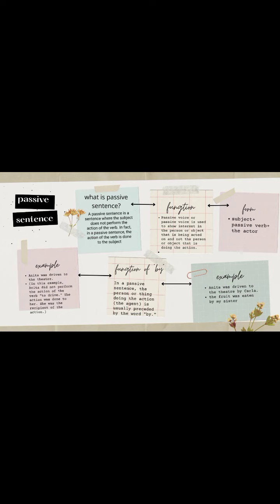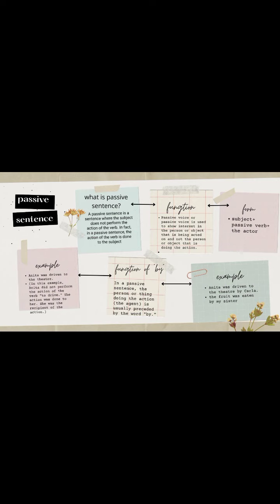Or, in other words, we also can say that passive voice is a form of sentence in which the subject of the sentence receives the action, not performs the action. This form focuses more on the part or object that receives the result of an action, or we can also say it is the receiver of action.